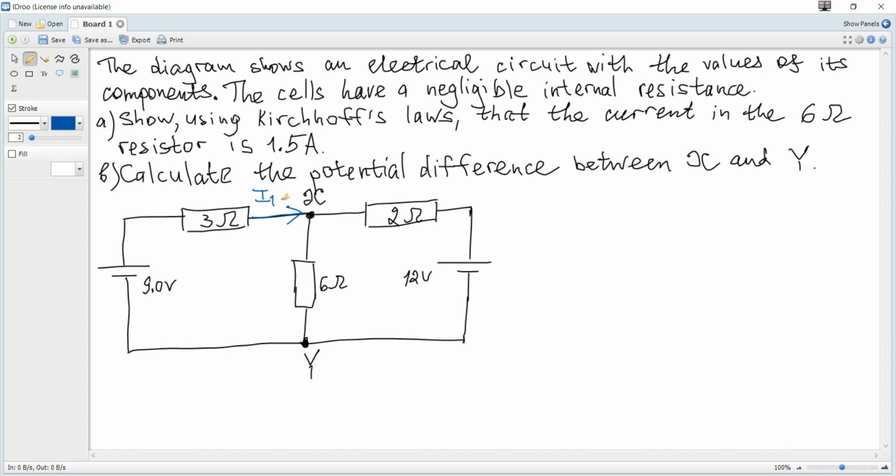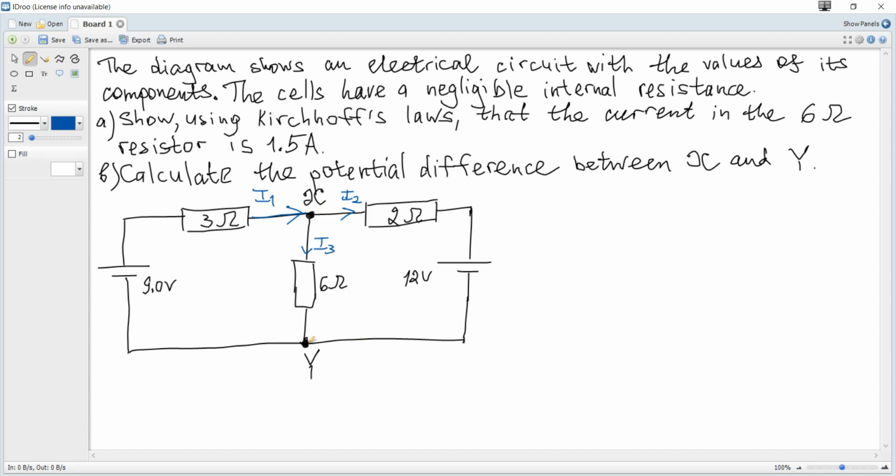All other currents will be dependent, and we can imagine current as a flow of water: if water is in here, hence water must be out here. Let it be current I2. Currents after the node are different, so we should use another index, and let it be I3 here.